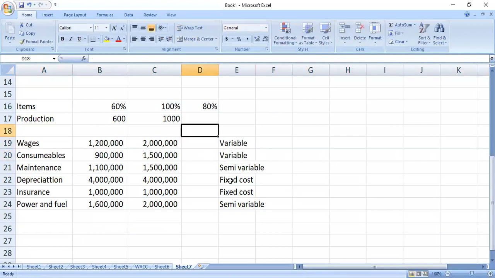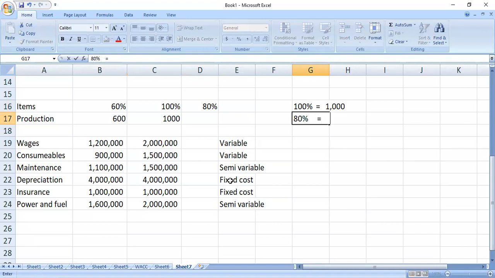In flexing 80%, the first thing you do is determine the production at 80%. Now that one has many ways of doing it, and we just go with the simplest one, which most of us are comfortable with. You will say 100% is equivalent to 1000. Then you say, how about 80%? Equivalent to what?